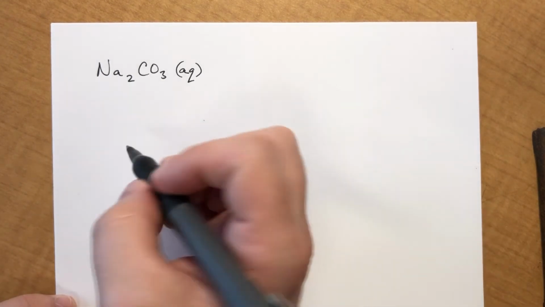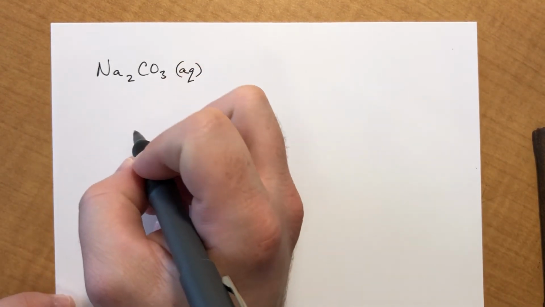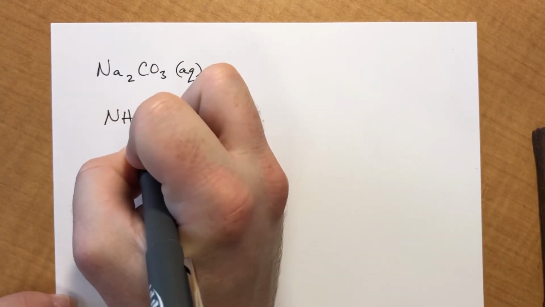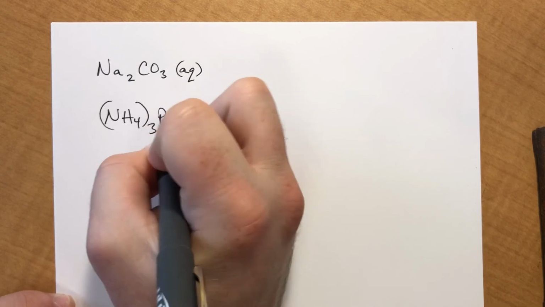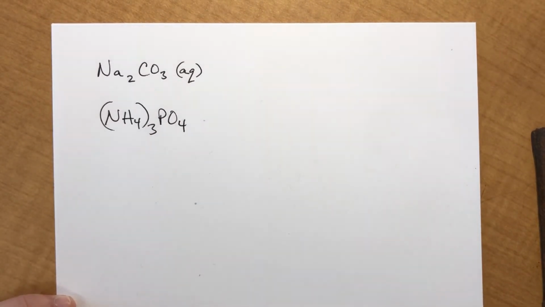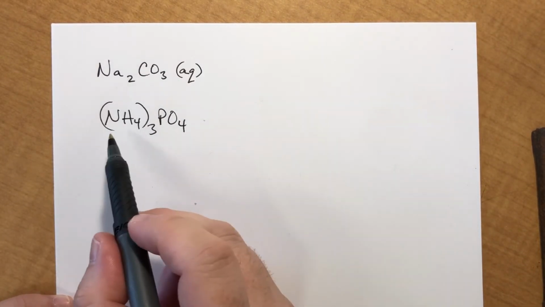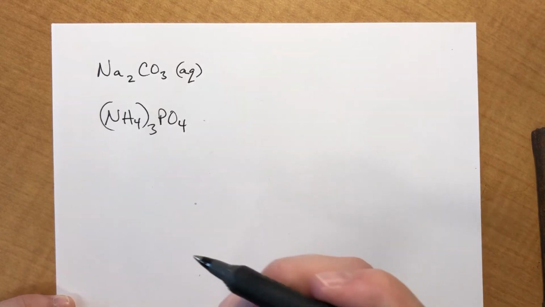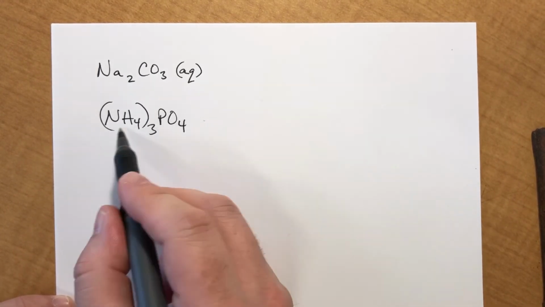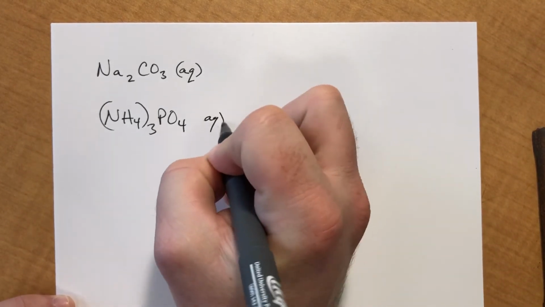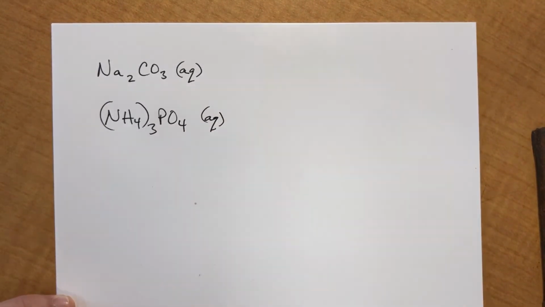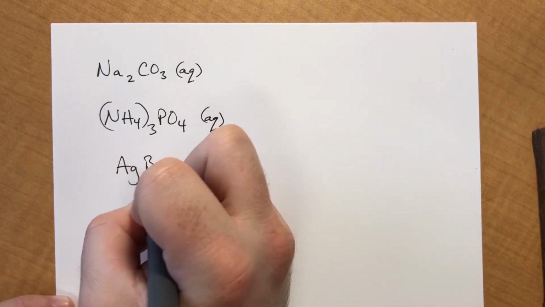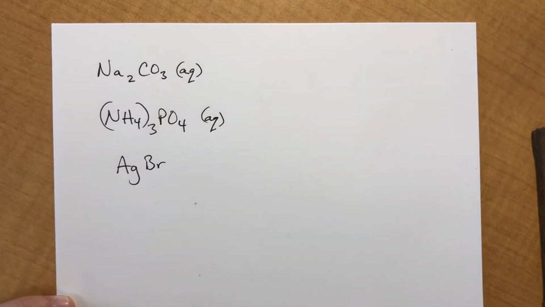How about something like ammonium phosphate? NH4 is one of the ones that we can predict is always soluble. We don't know anything about phosphate, but it doesn't matter because this one's aqueous. How about something like silver bromide, silver 1 bromide?